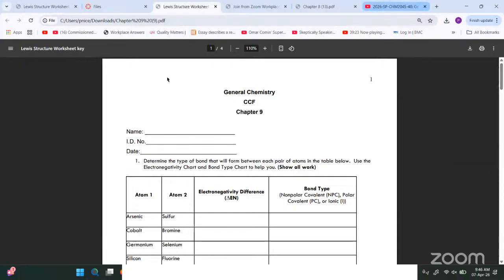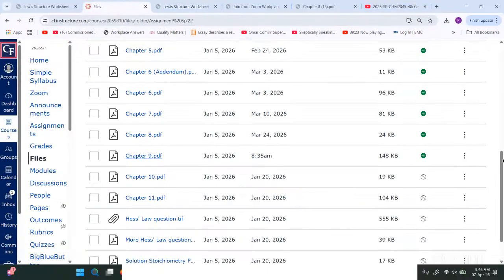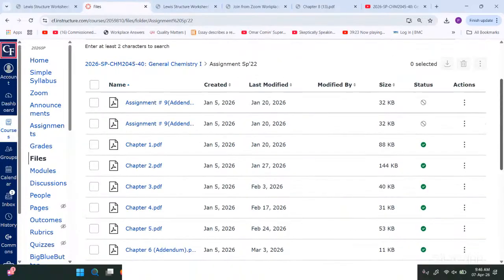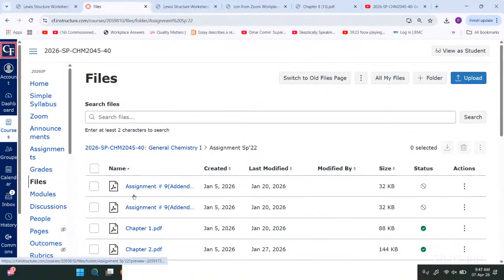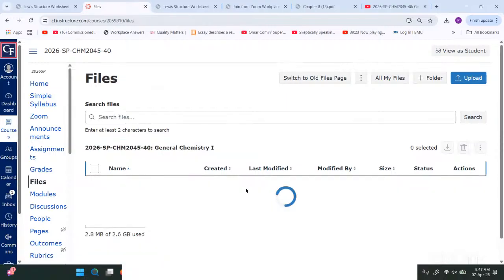And a guy by the name of Linus Pauling, a very famous scientist who won a couple of Nobel Prizes, one for chemistry and one for peace, I think. He came up with a table based on some thermodynamic measurements, which basically what he did was create a 4-point scale, right?